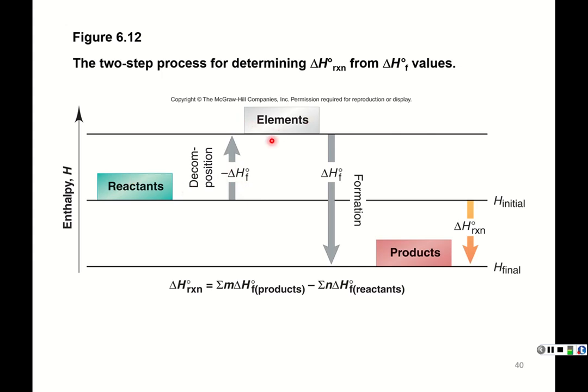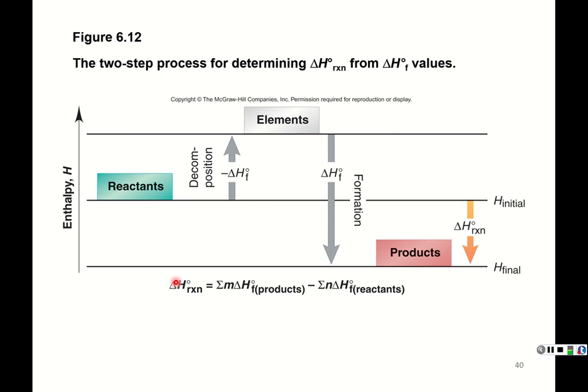And then we use those elements to produce products. For the products, we'd use the positive value of their delta H of formation. And then the difference between the reactants and products is our delta H of reaction.